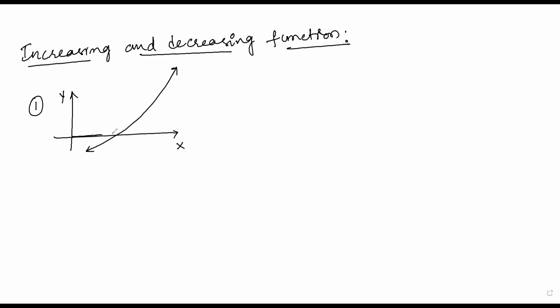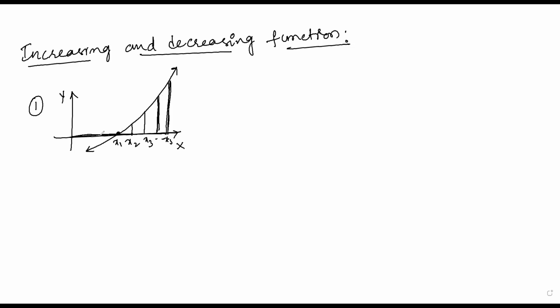As x is increasing, you see y is 0 here, then y is this much, this much, this much. Let's take this as x1, x2, x3, x4. As x is increasing, you are able to see the y value is also increasing.